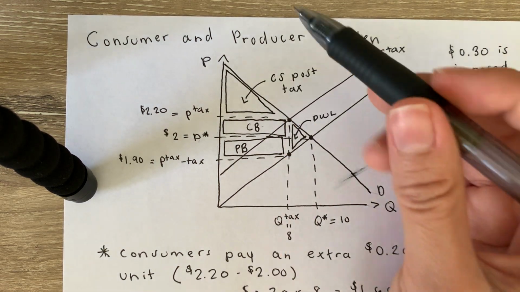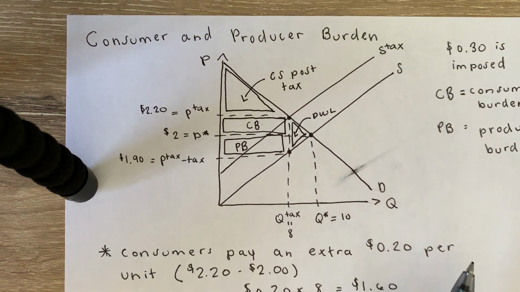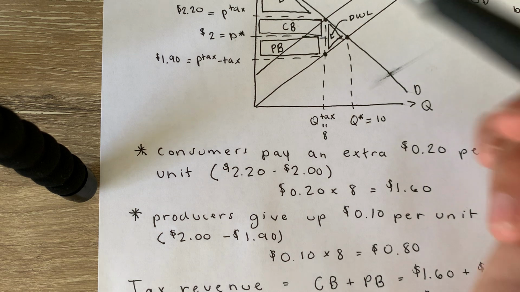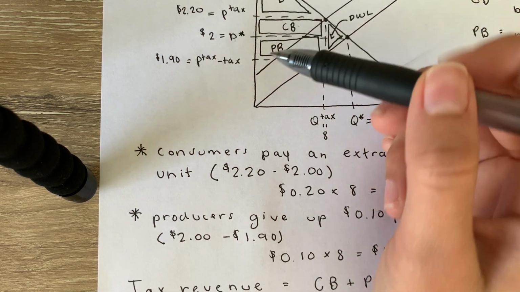So we know that the consumer surplus decreased after the tax. What happened to the producer surplus after the tax?